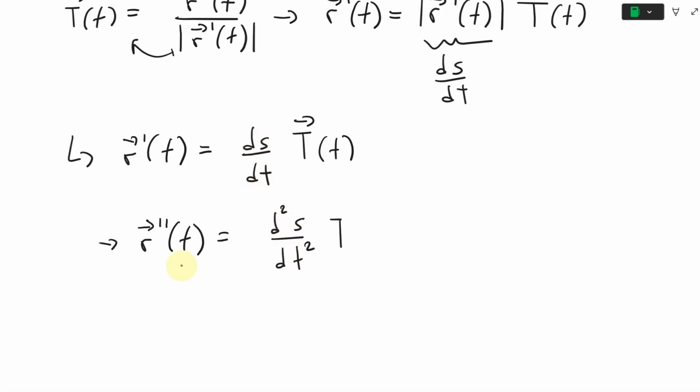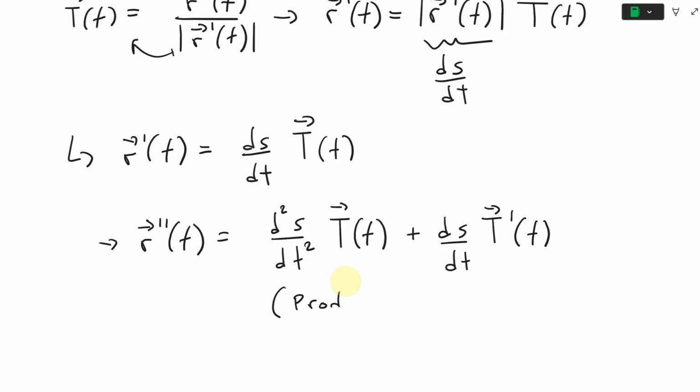Then we multiply by T of t, a vector function, and use the product rule: take the derivative of this one times this, and add it to the derivative of this times this. So now it's ds over dt times the derivative of the unit tangent vector. I'm just going to write in brackets: product rule for vector functions. I'll recap on this in a bit as well, as I always do.